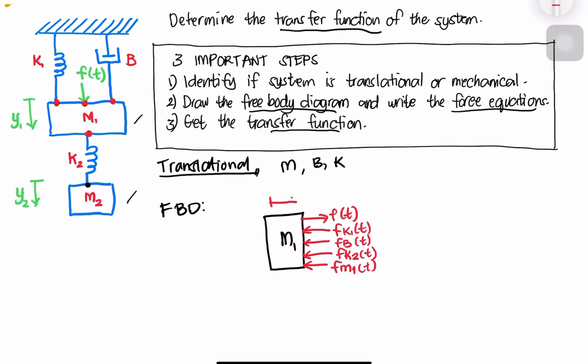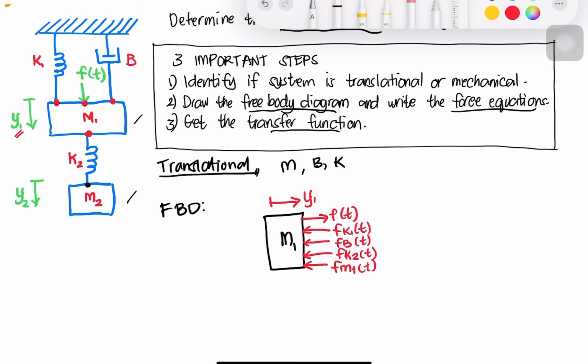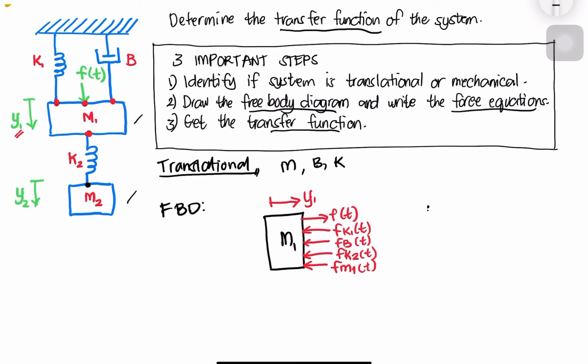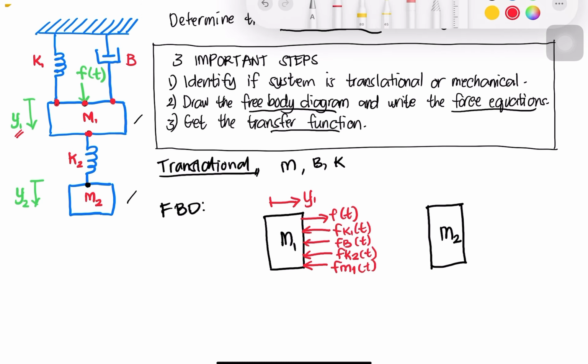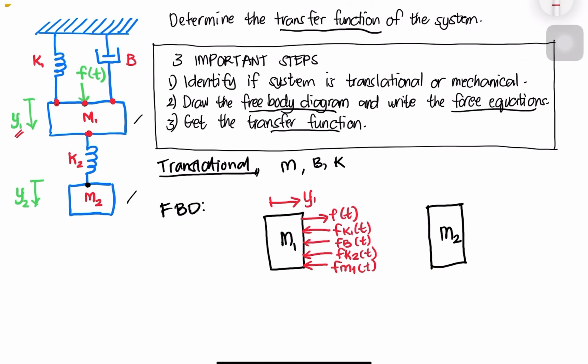And then we have to indicate as well the displacement connected to it. So for M1, we have this Y1. So that's it for the first mass. Then another free body diagram is required for M2. So for M2, we have to look again at the forces connected to it.